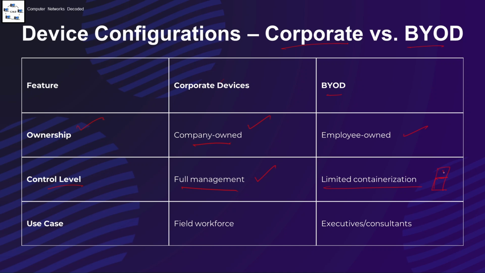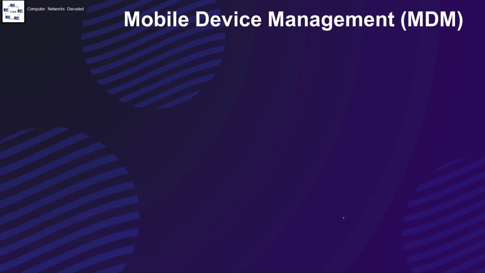One is personal to the employee, while the next container is specific to the organization, where the organization specific applications and features are used and secured. The use case is that the corporate devices are basically used for field workforce, while the BYOD devices are used by the external consultants as well as the executives.